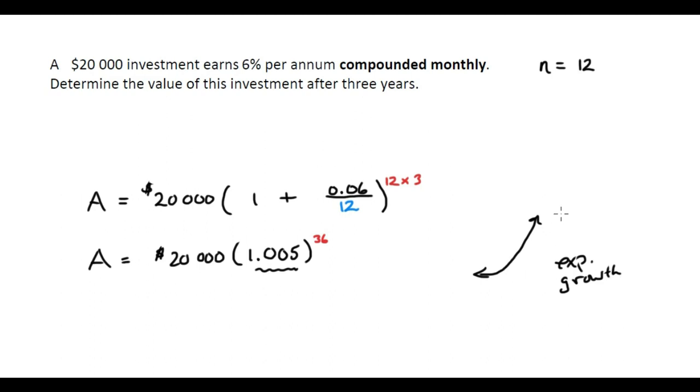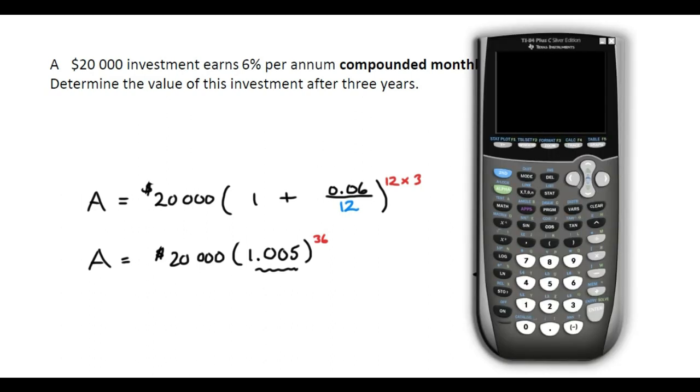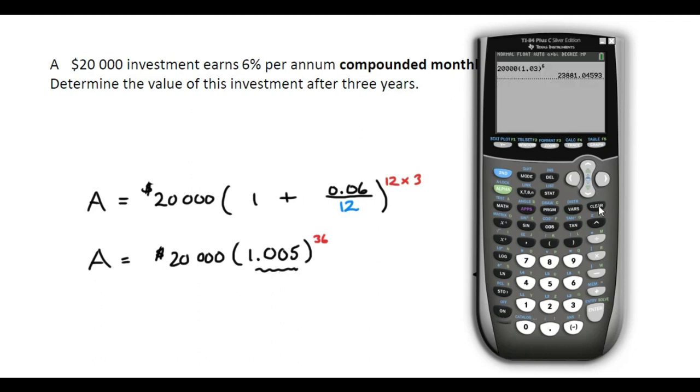We want to see this upward trend, which we will see as long as the base, that 1 plus r over n multiplier, is always bigger than 1. If it's not, then you've messed up something, either in your input, in your calculator, or your writing.